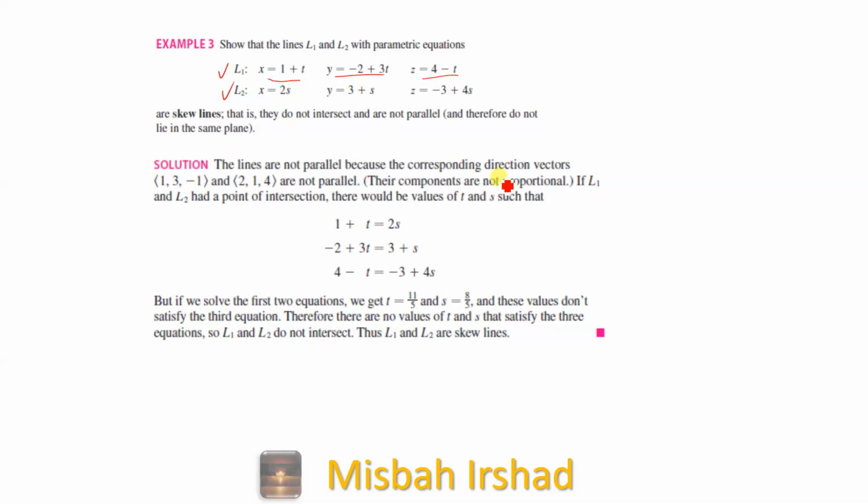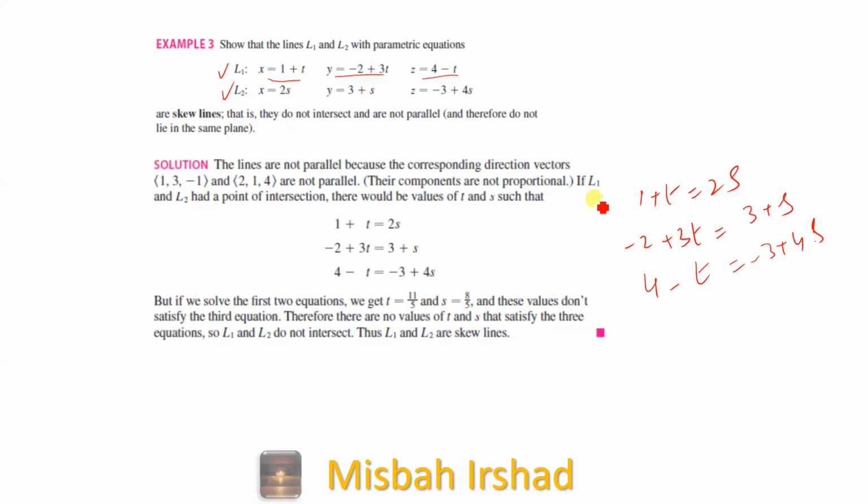For this, equate their corresponding values. x is equal to 1 plus t, so 1 plus t is equal to 2s. The point of intersection will be the point where x, y, z are equal for both the lines. So let's see if we can find any value of t or s for which x, y, z are equal for both the lines.